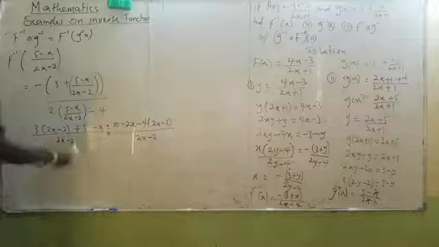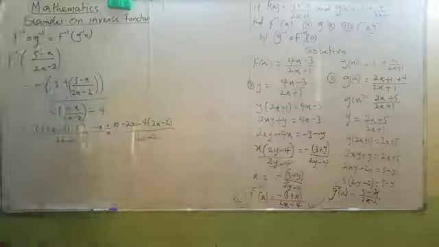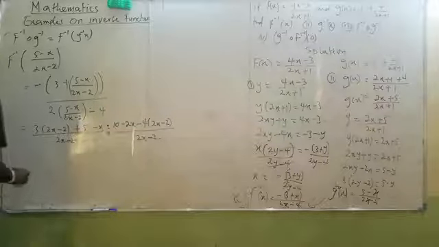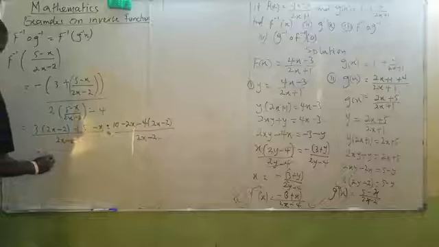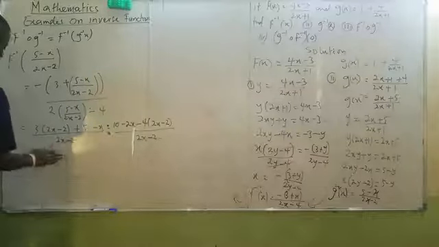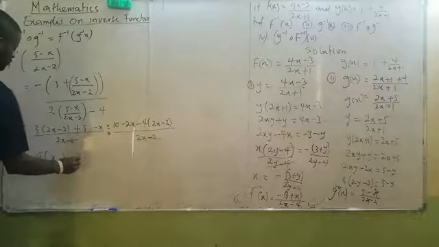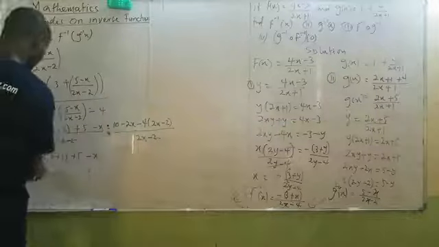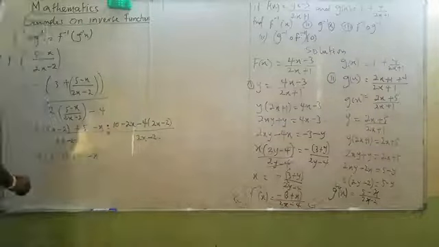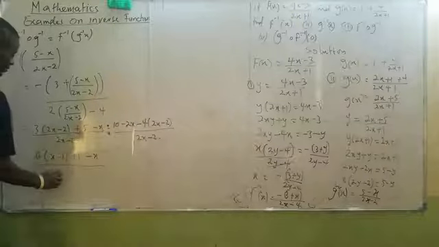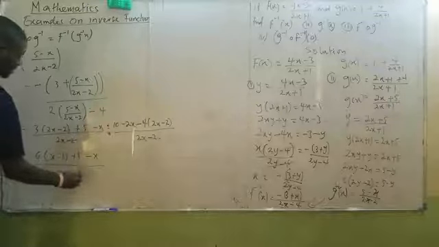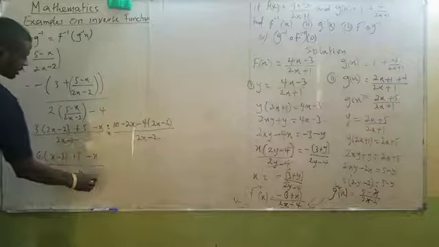By so doing, this will cancel this without stress. I think with that, you should be able to understand. And I'll be having 6 bracket of x minus 1 plus 5 minus x, divided by 10 minus 2x minus 8x plus 8.